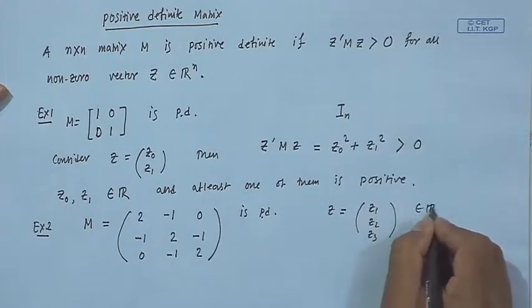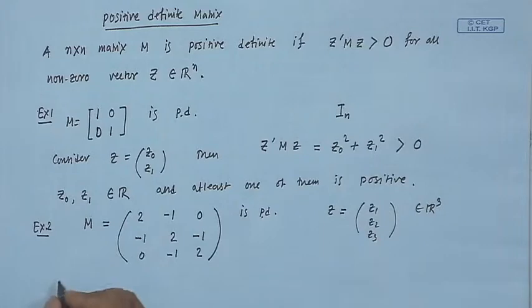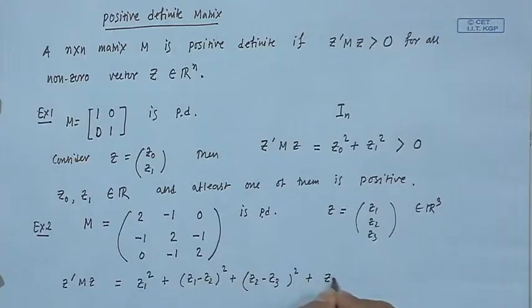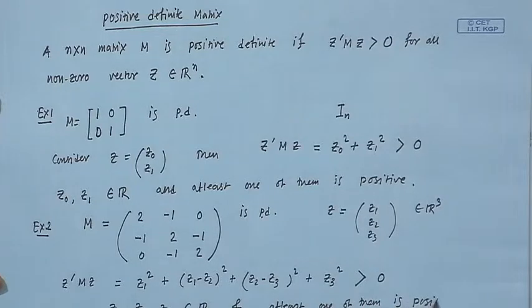So, it is basically from R 3, then you can check that z prime M z is equal to z 1 square plus z 1 minus z 2 square plus z 2 minus z 3 square plus z 3 square, and this is strictly greater than 0, because all these z 1, z 2, z 3 are real, and at least one of them is positive.